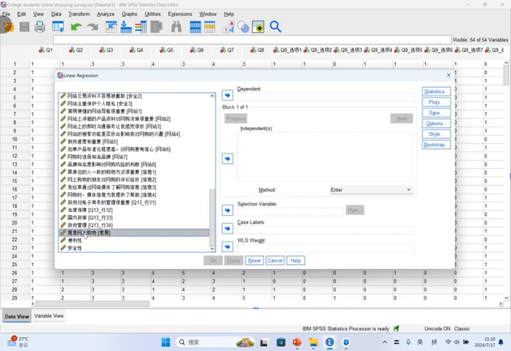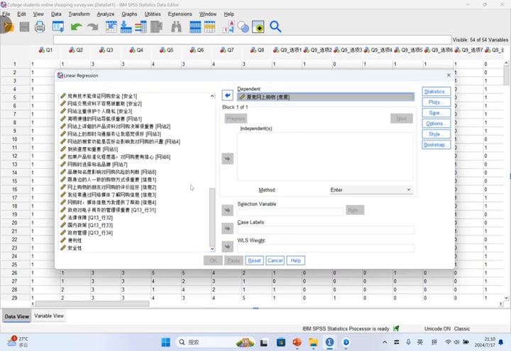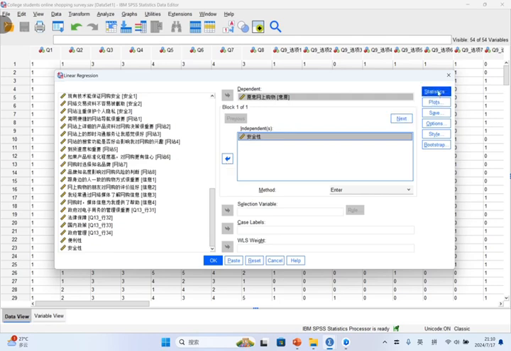Okay, it's here. We put it in the dependent variable, and we choose security as the independent variable. Security, okay, and then we choose the statistics.